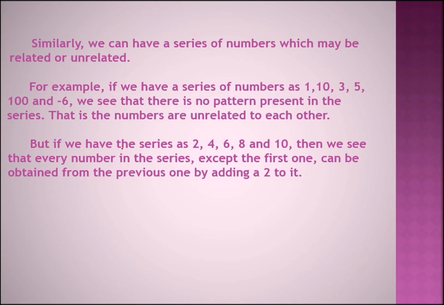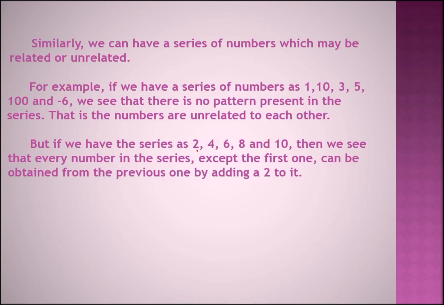But now if we have the series as 2, 4, 6, 8 and 10, then we see that every number in the series except the first one, that is 2, can be obtained from the previous one by adding a 2 to it. 2 doesn't have its previous number, so this is an exemption.